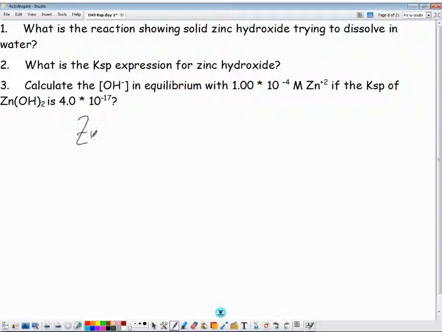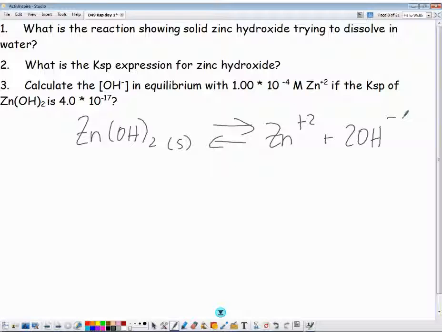Zinc hydroxide, taken twice, solid, in equilibrium with zinc and hydroxide. Don't need an ICE chart here. Next question, 21, says, what's the KSP expression? So, Stephanie, what is the KSP expression for this fellow?